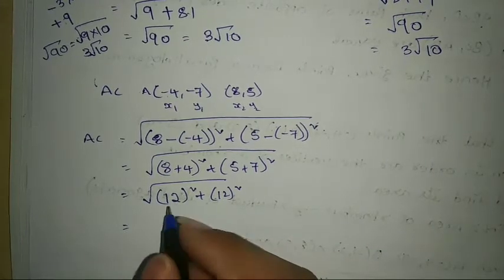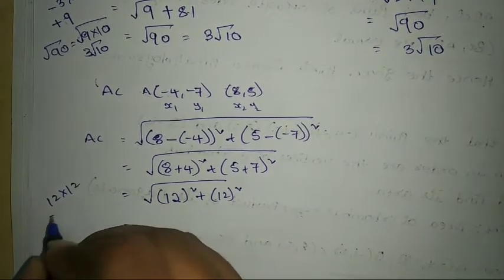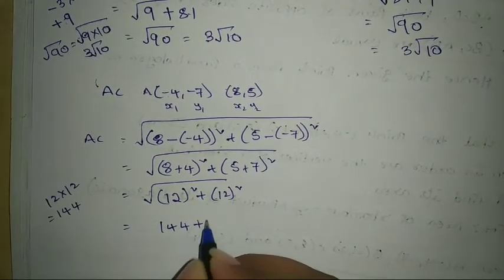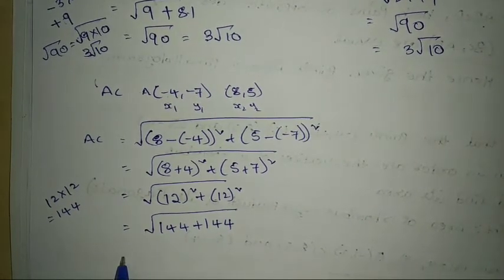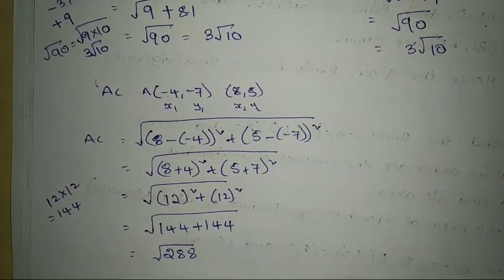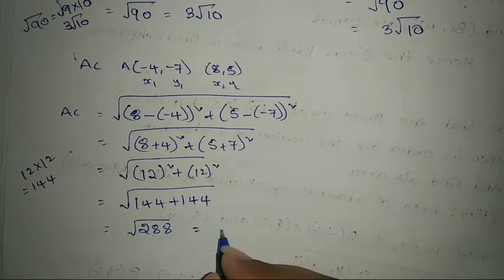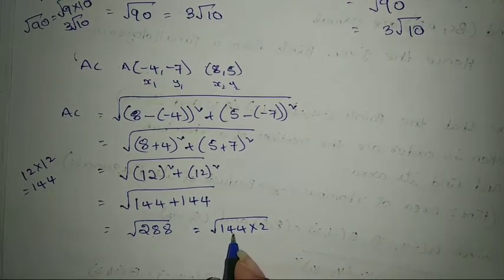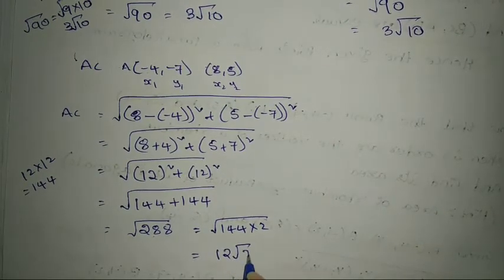So 12 into 12 is equal to 144. 144 plus 144, if you add these two values, 288 under root. How can we write this 288 value? 144 into 2. Root 144 value is 12. Root 2.